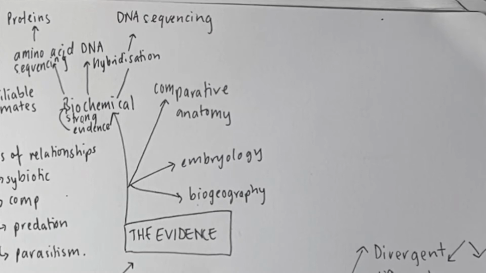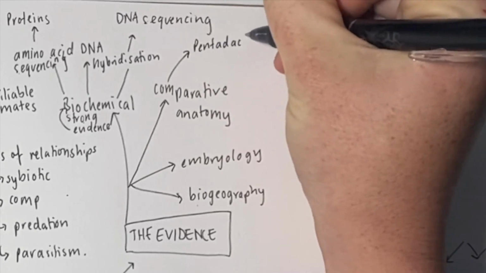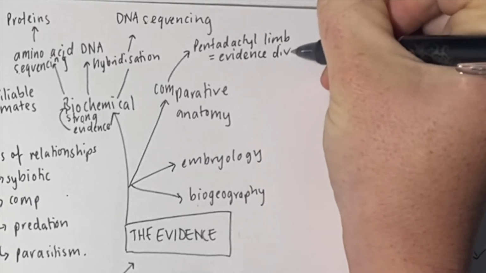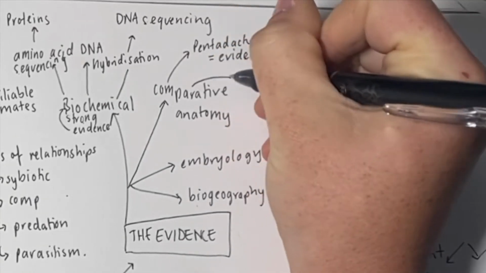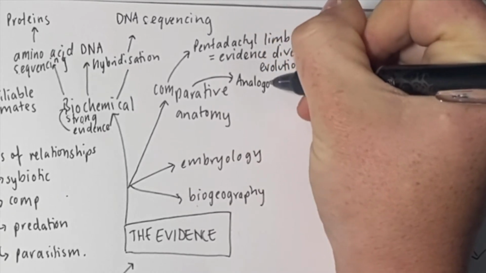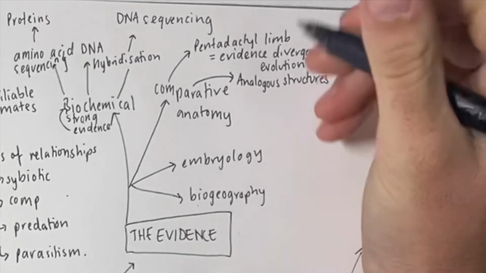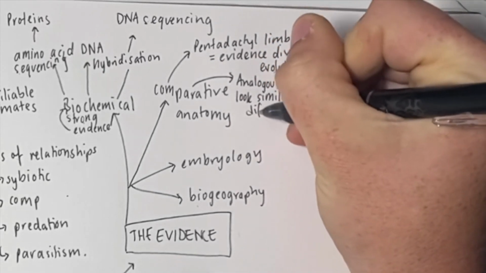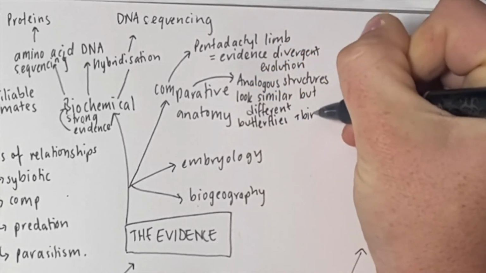Next is comparative anatomy. The most common example that we've looked at is the pentadactyl limb, and it's evidence for divergent evolution. It shows the common structure seen between a range of different mammals, which would have had a common ancestor with that structure. The other part of comparative anatomy that we looked at was analogous structures, where there are similar structures but they're actually from different common ancestors.